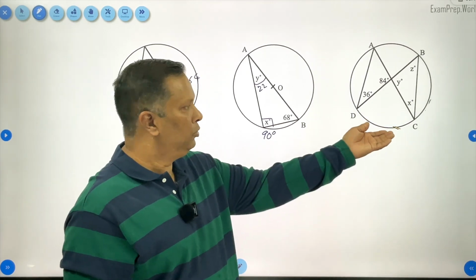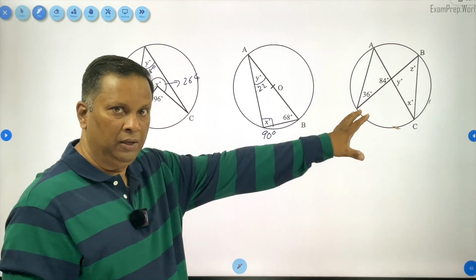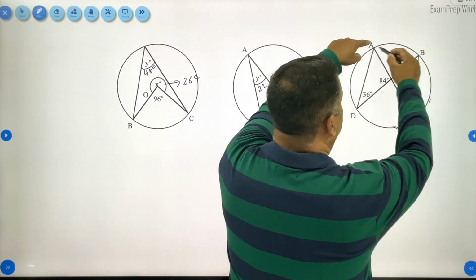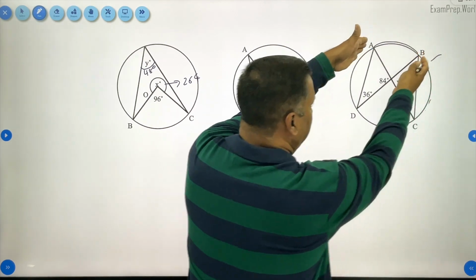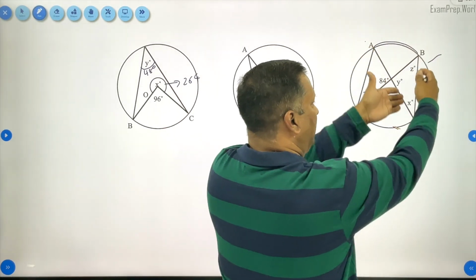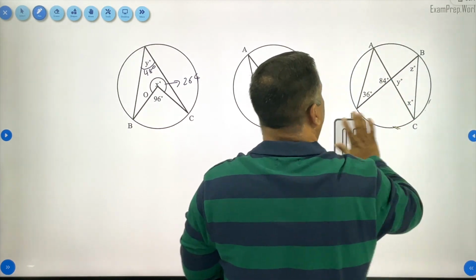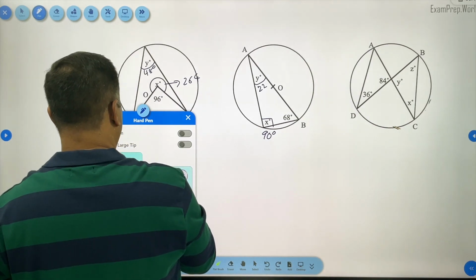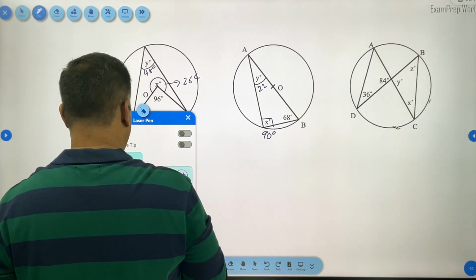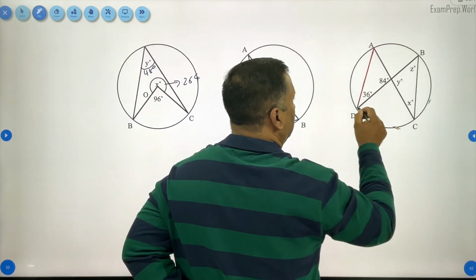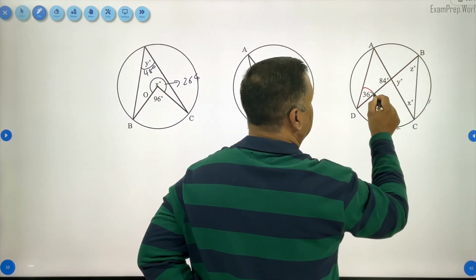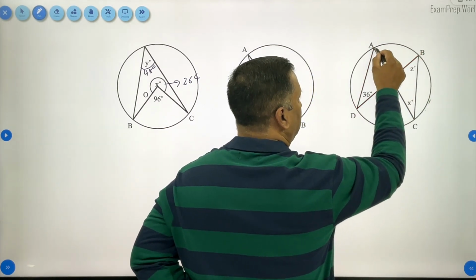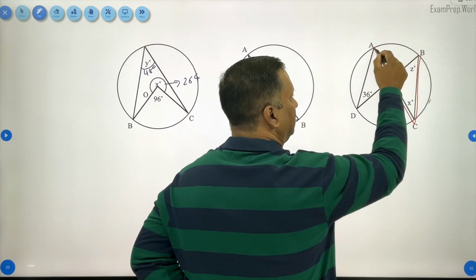Okay. This one is also very, very simple. Let's use the knowledge which we have just learnt. If this is 36, consider AB is the arc. AB is creating an angle at D and AB is also creating an angle at C. See, I will use the marker pen. Look, AB is creating this angle 36, and AB is also creating C. Are you seeing?